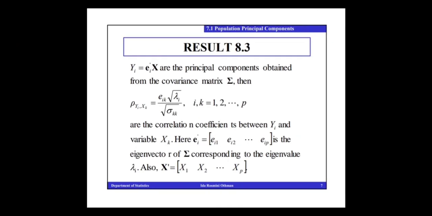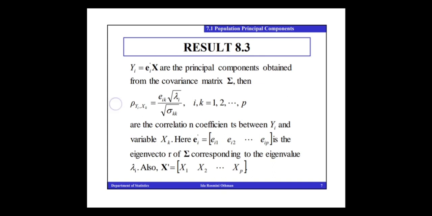Okay, the next one adalah the results ataupun the theorem when we find the correlation coefficient. This theorem, we can use untuk nak tahu which variable contribute to which principal component.